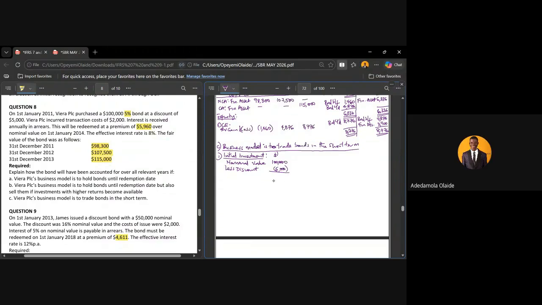But we cannot add transaction cost here because transaction cost will be expensed in the statement of profit or loss. Are we getting it? Okay. Transaction cost will be expensed in the statement of profit or loss.